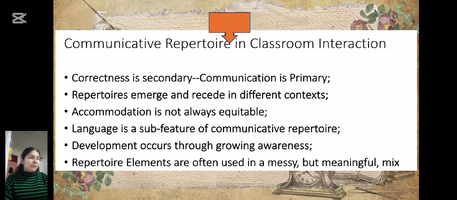Now, communicative repertoire in classroom interactions. At first, correctness is secondary and communication is primary. So the point here is not correctness, not the use of good grammar, but communication. This is the thing that we must focus on.